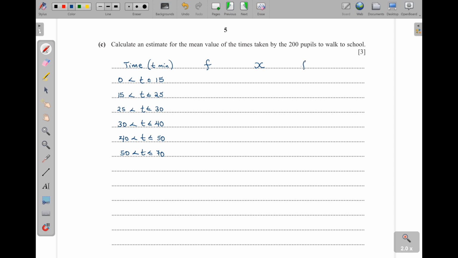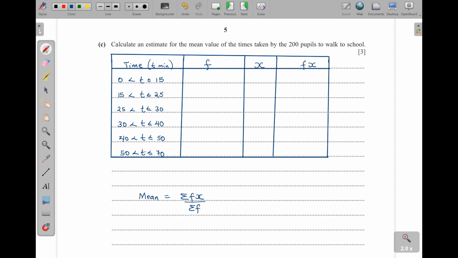And then we find f times x, because the mean is the summation of fx divided by the summation of f. So you need the frequency and you also need x. Then after getting x, you multiply them, so the summation of fx. You see that? Now, I put this in a table like that.